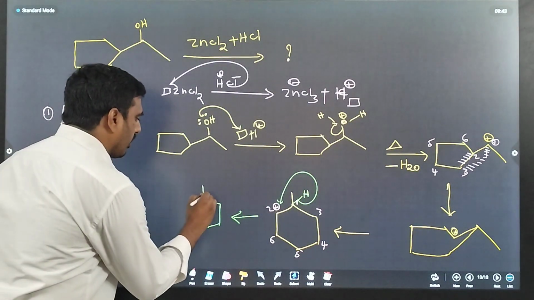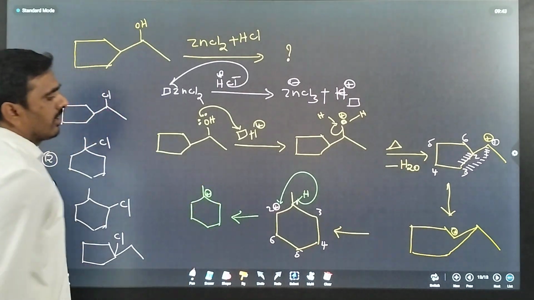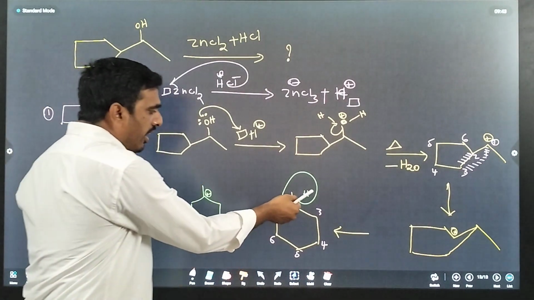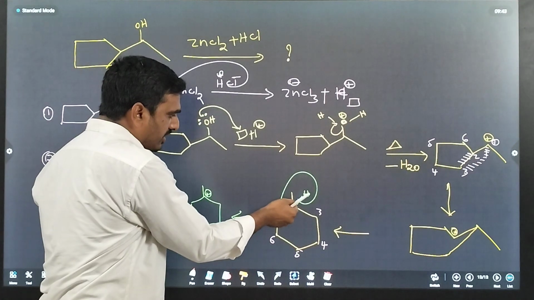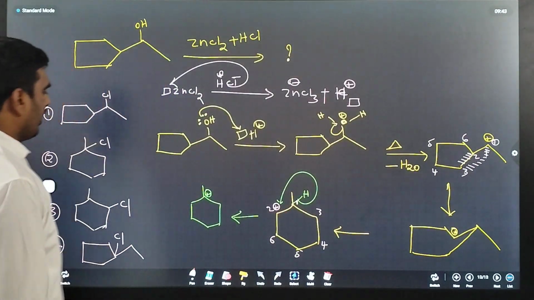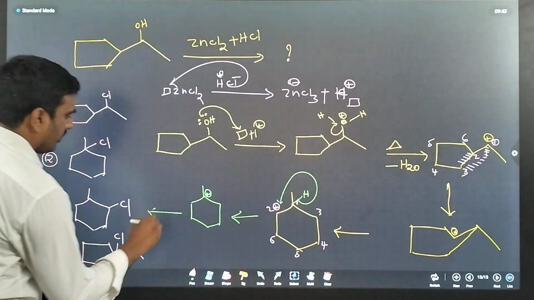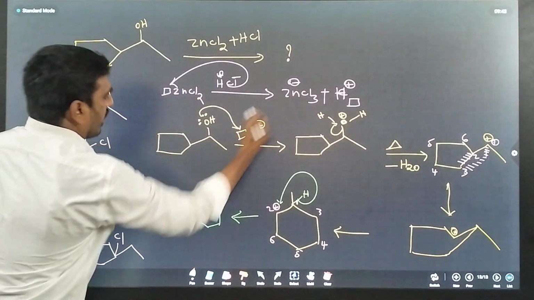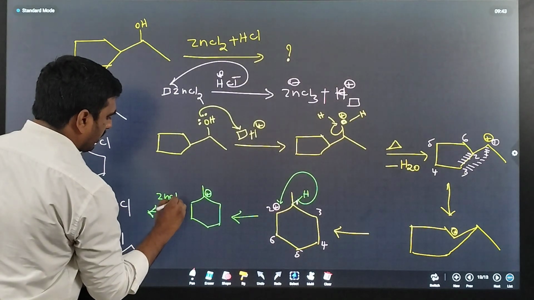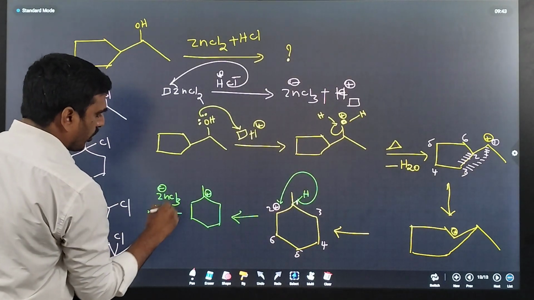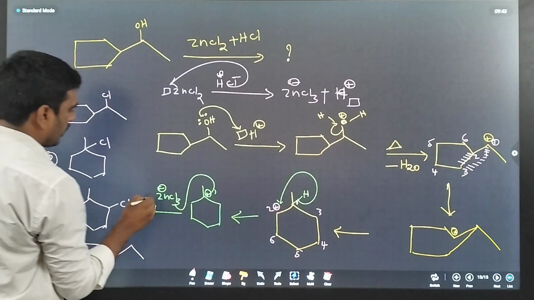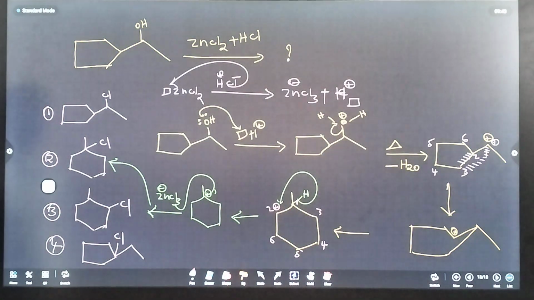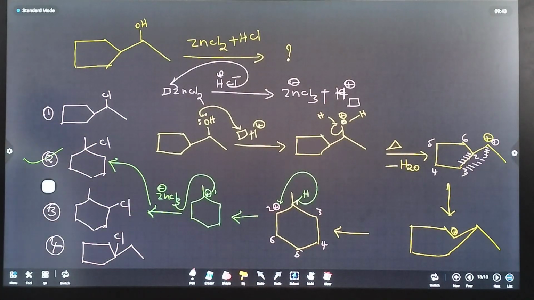Because the hydride shifted to here, this carbon gets the positive charge. Then ZnCl3 minus, the Cl attacks here, and we get this product. This is the correct answer.